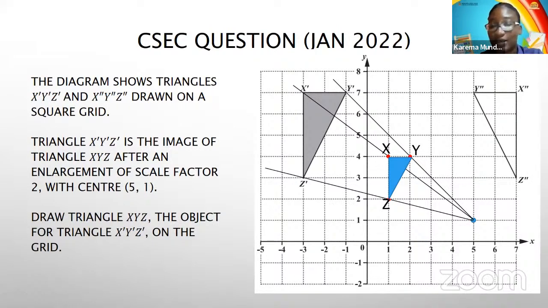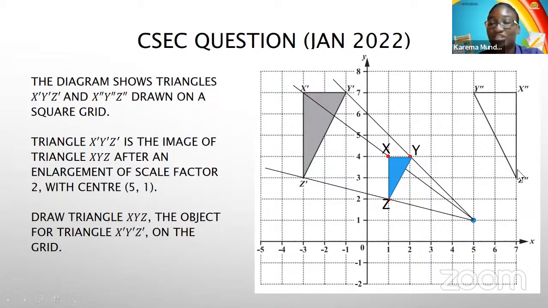Okay, so I'm asking someone who wants me to repeat, and maybe it will clear up the person who is probably a bit confused. Maybe they weren't hearing. So let me just repeat. I'm asking about triangle x prime, y prime, z prime. That's the shaded triangle. I'm asking what's the transformation that maps it to the triangle all the way to the right, x double prime, y double prime, z double prime.